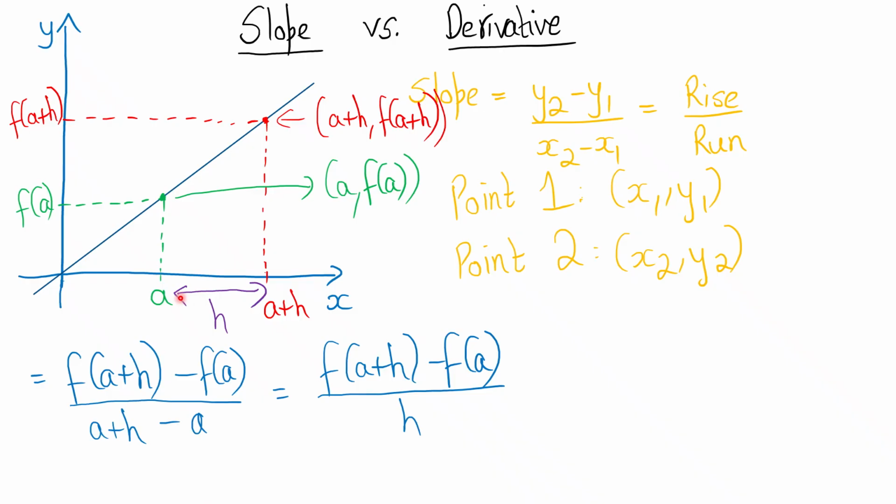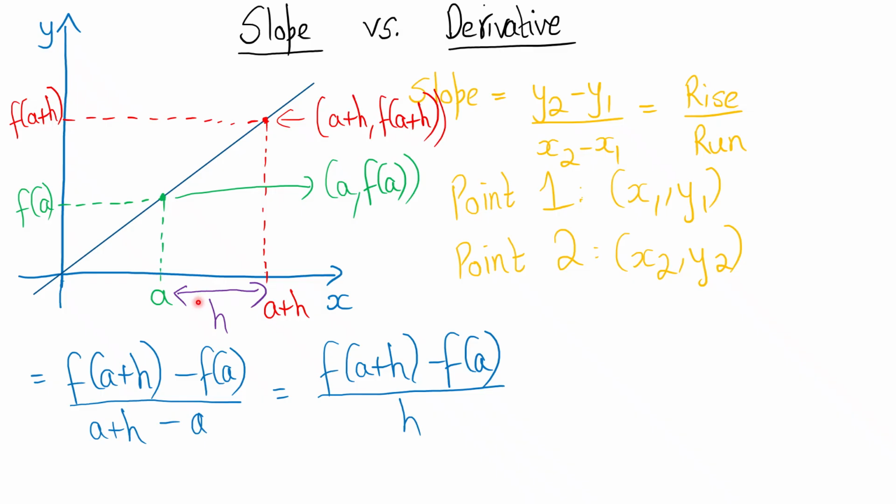The problem is I can't bring this h exactly to 0, because then this whole expression will become undefined, since division by 0 is not allowed in mathematics. So mathematicians introduced the idea of limit.